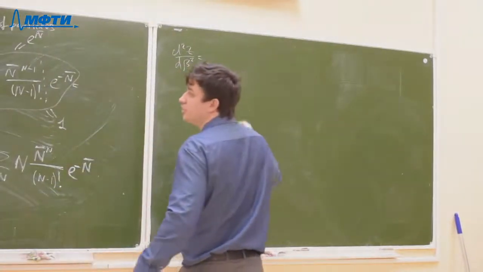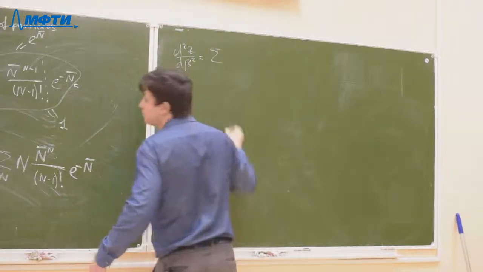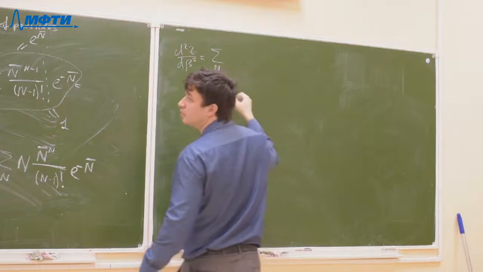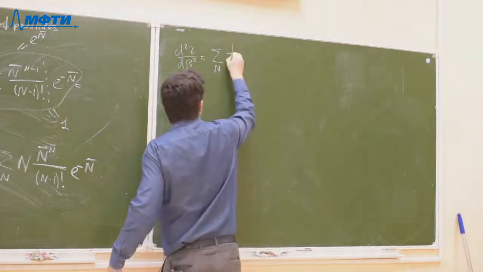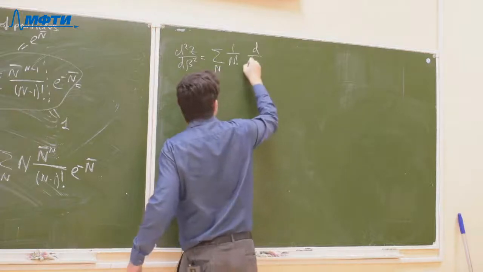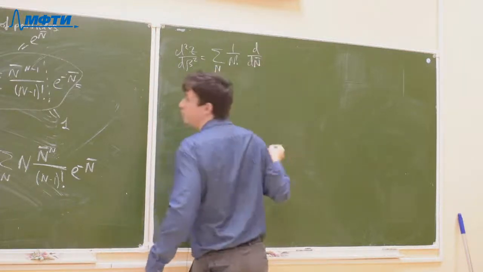This is actually a sum over n of 1 over n factorial multiplied by the derivative over the constant.